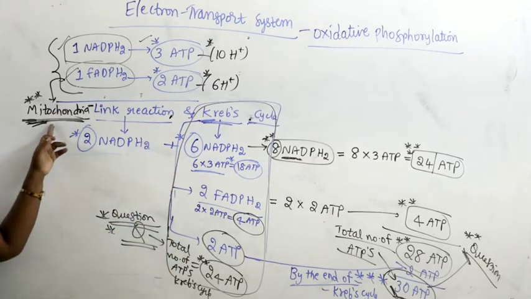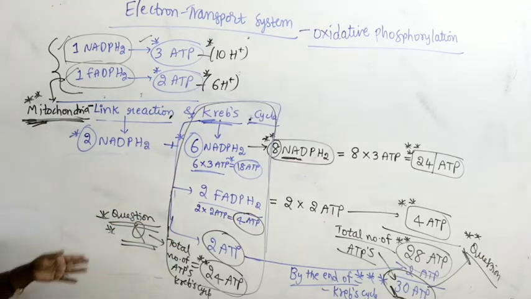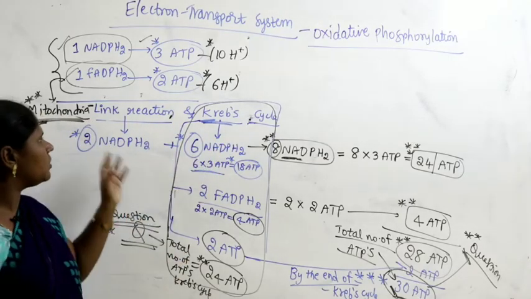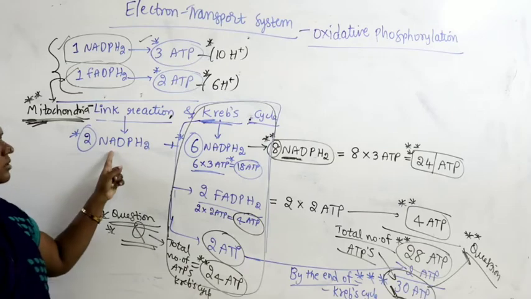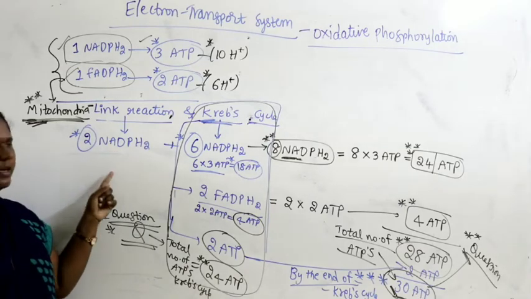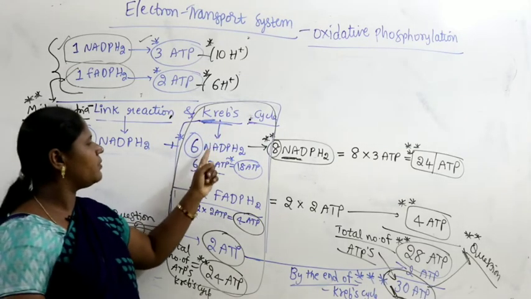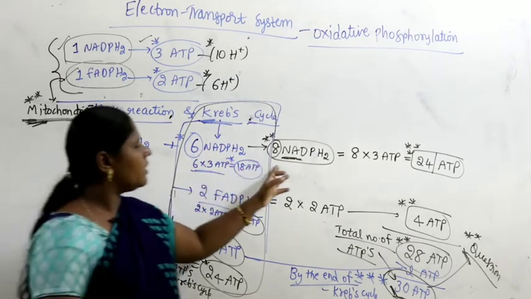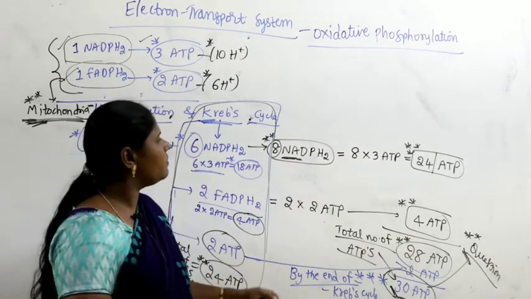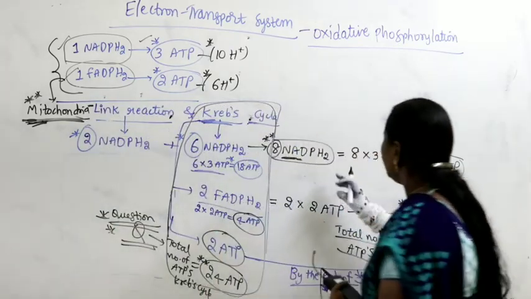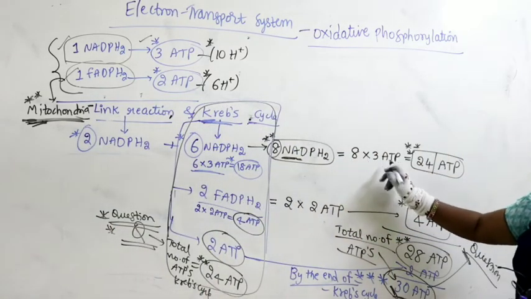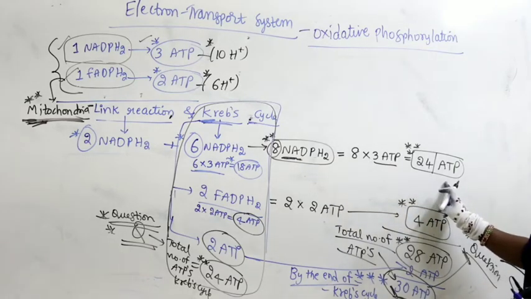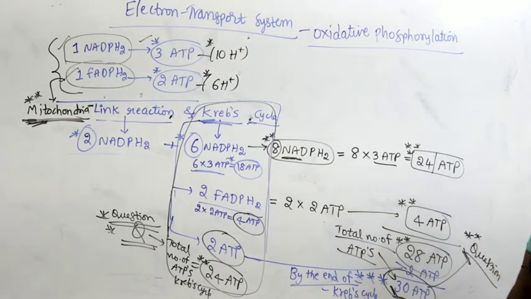Now, in mitochondria, which two reactions take place? Link reaction and Krebs cycle. From the link reaction there is a contribution of 2 NADH2. From the Krebs cycle there is a production of 6 NADH2. 6 plus 2, 8 NADH2 are produced. Now, 8 into 3 ATP for each NADH2, so 24 ATP produced at the end of the Krebs cycle.